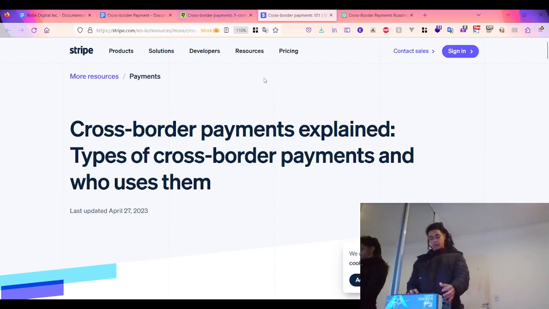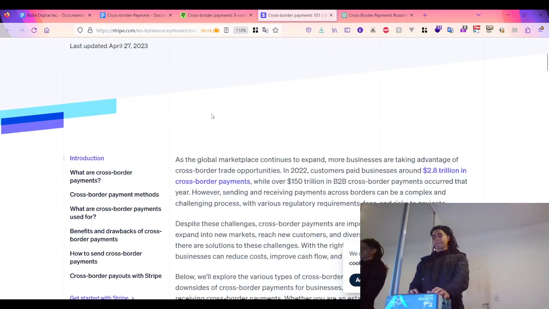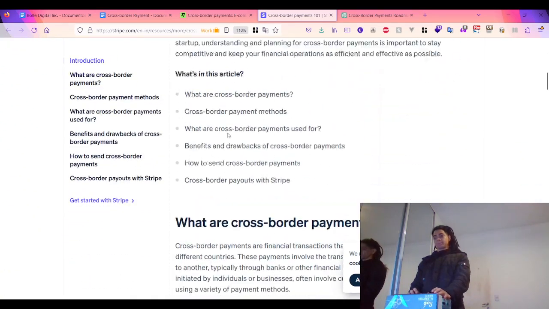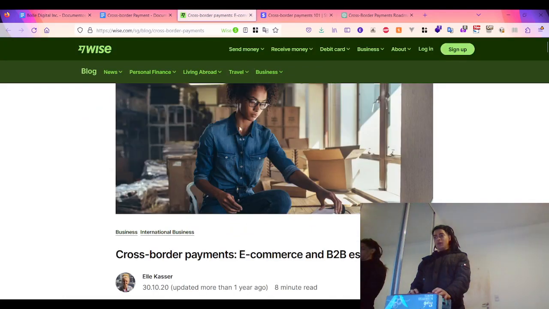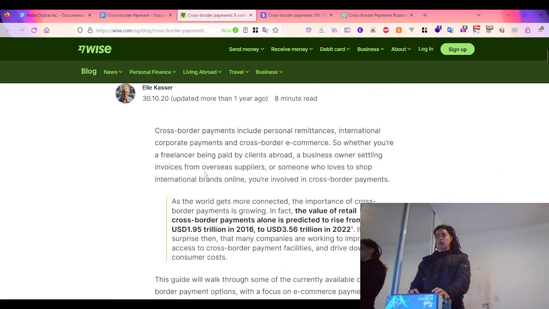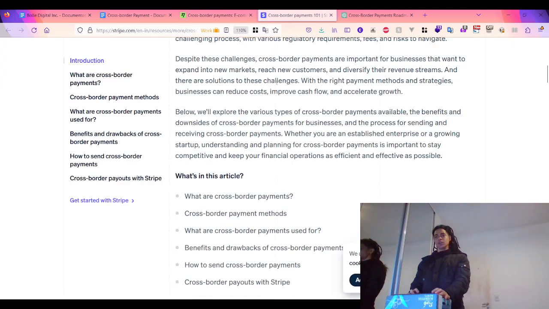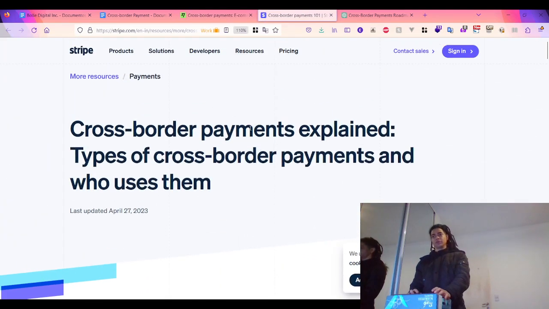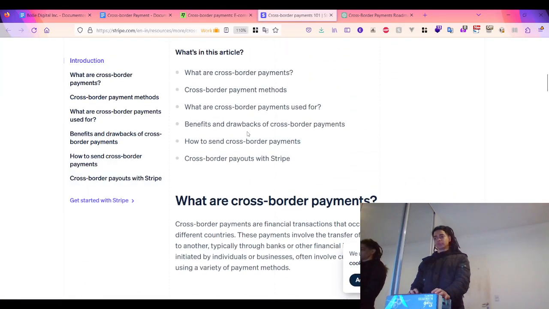So cross-border payments explain the types of cross-border payments and who uses them, as well as Wise. So you have the definition for Wise as well as the Stripe.